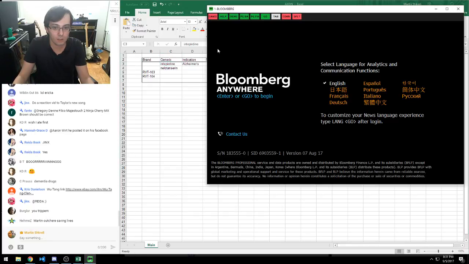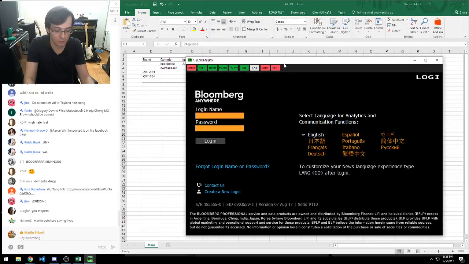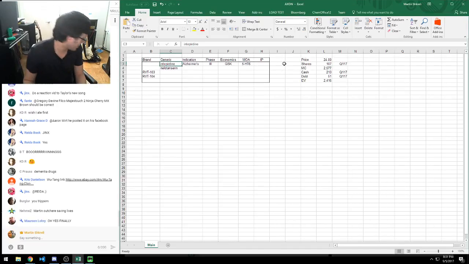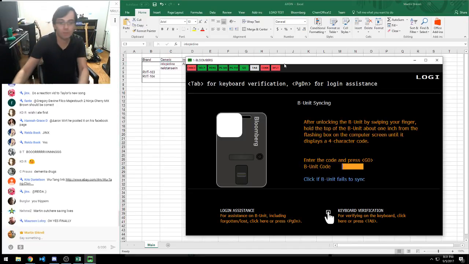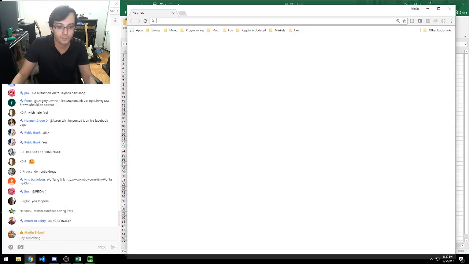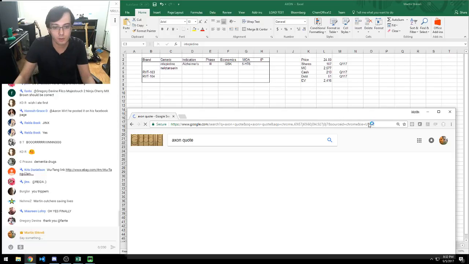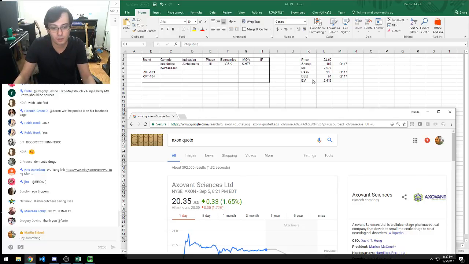So I'm going to go into Bloomberg, but there's a lot of ways to do this, and when possible, I'm going to try to use as much open source tools as possible, so sec.gov and so forth. So maybe let's go to AXON stock price, which is probably a good start, and the stock's at $20.